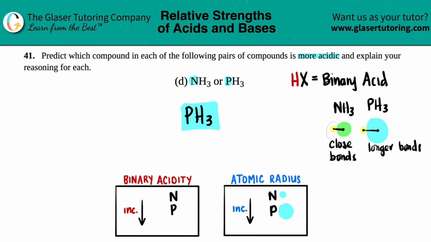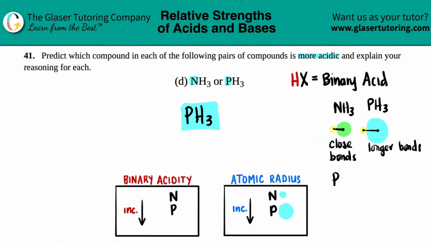But if you have a close bond, that's not happening. The nitrogen is holding on to that hydrogen. But in terms of here, since the hydrogen is farther away and this hydrogen tries to leave, the phosphorus is like, that's fine. I'll recover. That's the whole idea here.